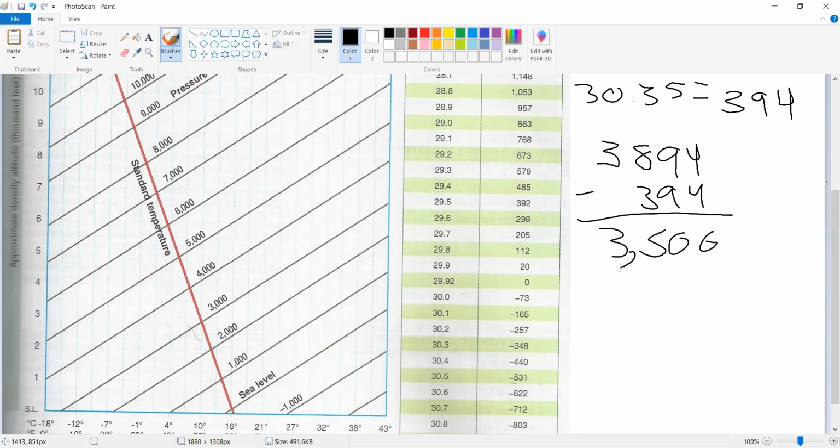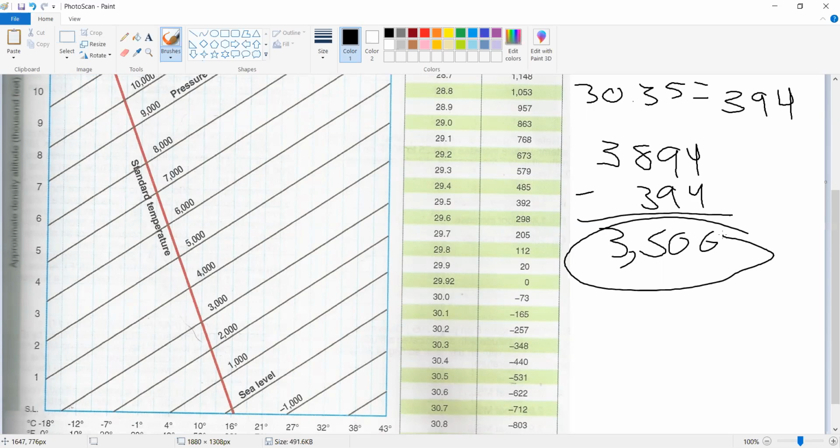So now we come to the chart and we look at the approximate density altitude, because we're looking to determine the density altitude. So this number here is our pressure altitude.